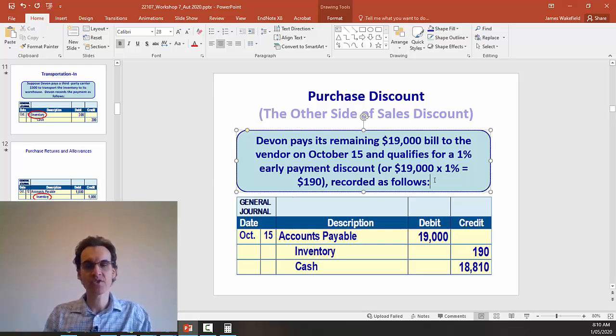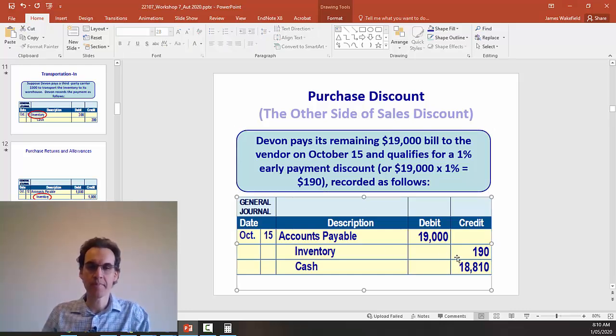So just like we reduced the value of inventory equivalent to the credit that was provided by the supplier, when we had a blemished or damaged piece of inventory, the supplier essentially gave us a refund. In this particular case, the supplier is cutting us a break and giving us a discount on the amount we need to pay. So accordingly, that also reduces the cost of inventory.